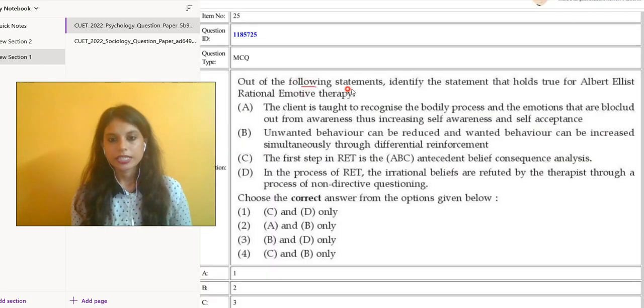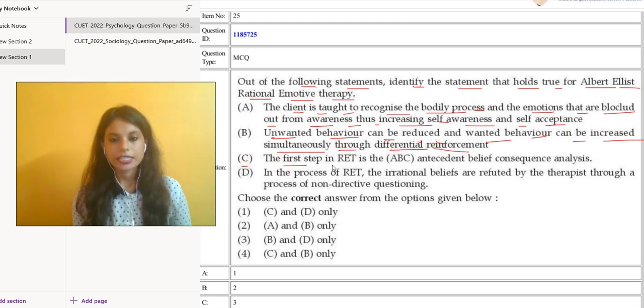Now, out of the following statements, identify the statement that holds true for Albert Ellis' rational emotive therapy. Let's go through the options. A: The client is taught to recognize the bodily process and the emotions that are blocked out from awareness, thus increasing self-awareness and self-acceptance. B: Unwanted behavior can be reduced and wanted behavior can be increased simultaneously through differential reinforcement.